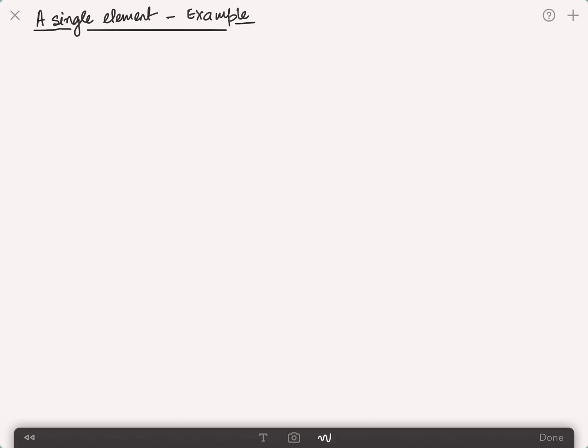This is just the kind of element we've already been working with, so it's nothing complicated. I'm going to just use a spring element again. I have two nodes. The element has a stiffness of K, which is given as EA by L. We have already established this many times, so I'm not going to go through it again. We can also just consider it as a simple element, not a spring, but an element with a single degree of freedom.